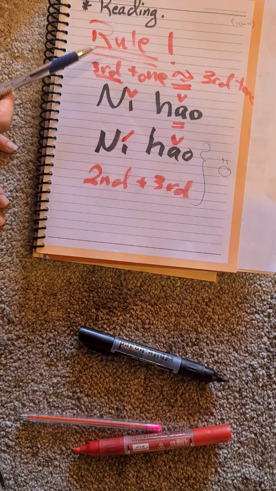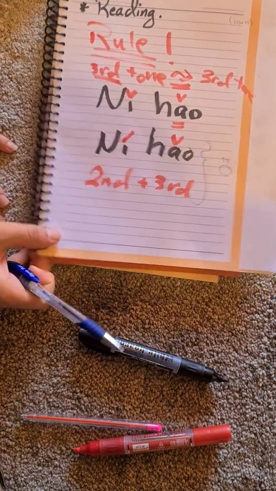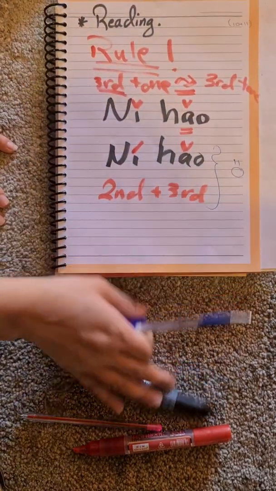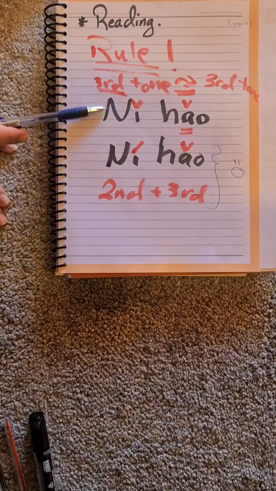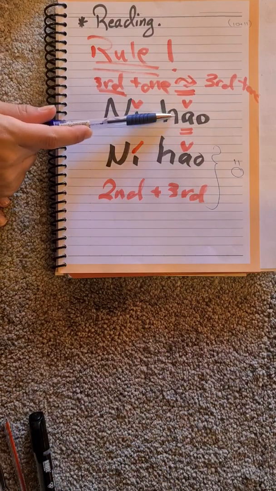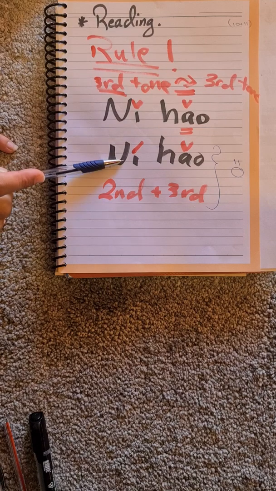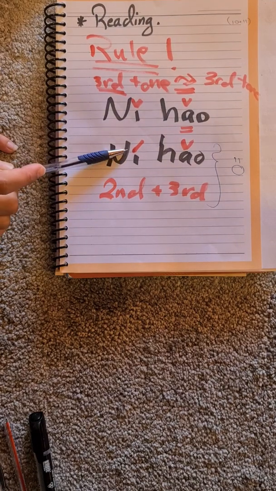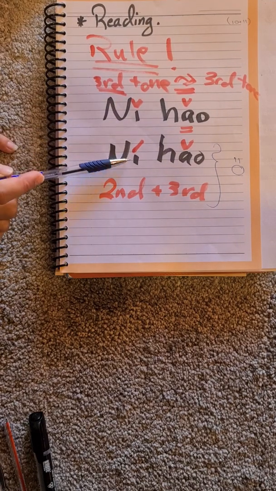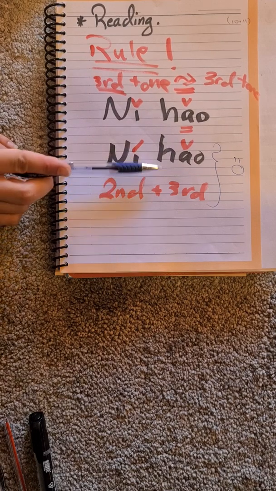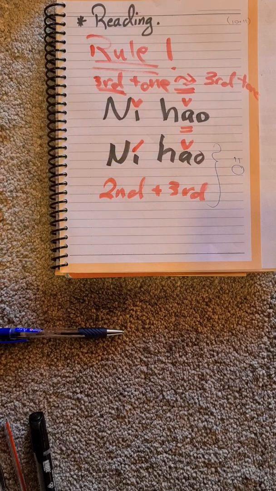So whenever you see a third tone with another third tone immediately after it, the rule is that you have to change the pronunciation from third to second tone, then third tone. Okay, so how to pronounce it?